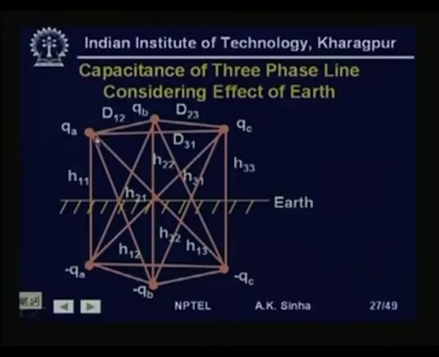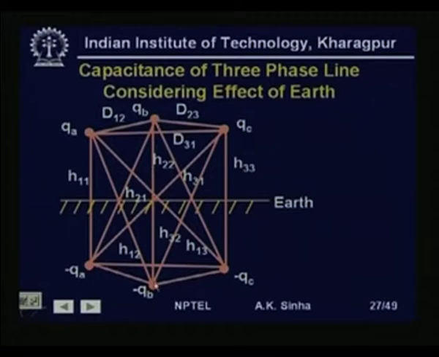For a 3-phase system, we have shown here we have phase conductor A, phase conductor B and phase conductor C. Q A is the charge on that, Q B is the charge on phase B conductor, Q C is the charge on phase C conductor. We have taken this height to be h, then we have taken image conductor for A with a charge minus Q A, and the height h 11 will be equal to twice h.